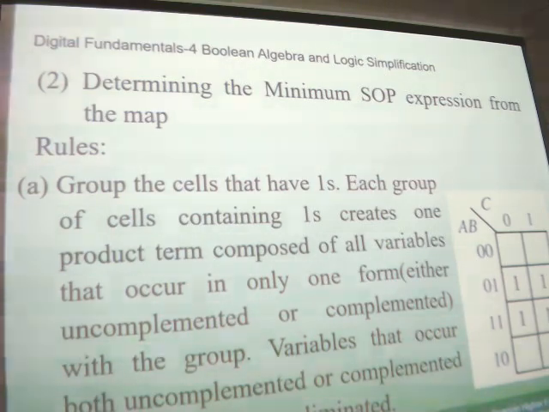Each group of cells containing ones creates one product term composed of all variables that occur in only one form, either uncomplemented or complemented within the group. Variables that occur both uncomplemented and complemented within the group are eliminated.